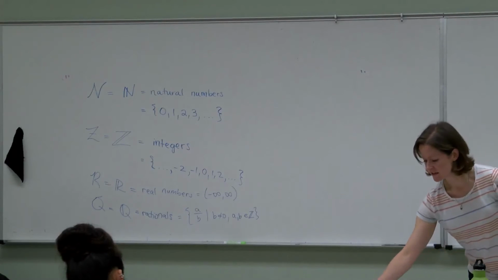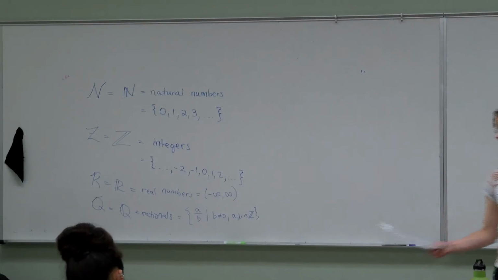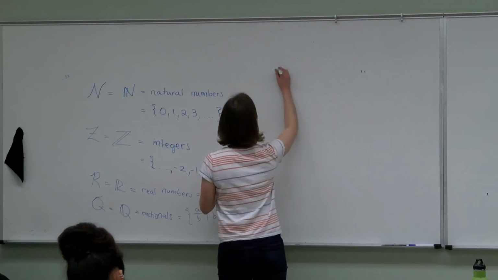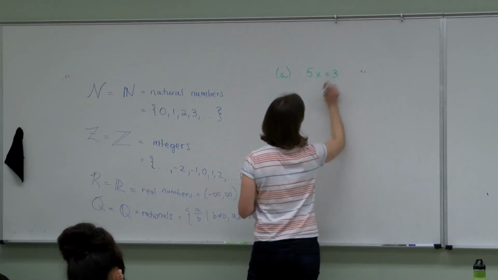Okay, so then in the first example, we're finding solution sets for some statements given two different universes. So the first one, we're just going to work within the natural numbers, right? So all values of x in the natural numbers that satisfy the statement. So this first statement is 5x equal to 3.